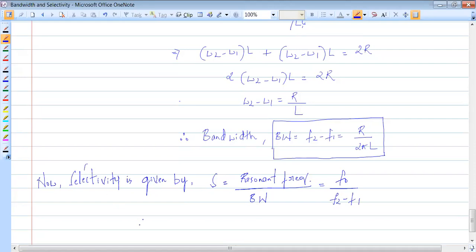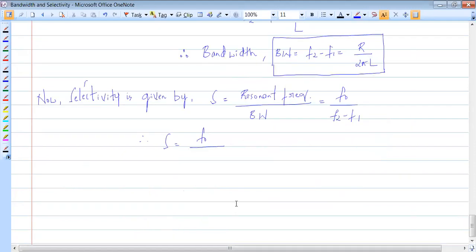Therefore, selectivity can be written as f naught by R by 2 pi L. Is everybody okay with that?